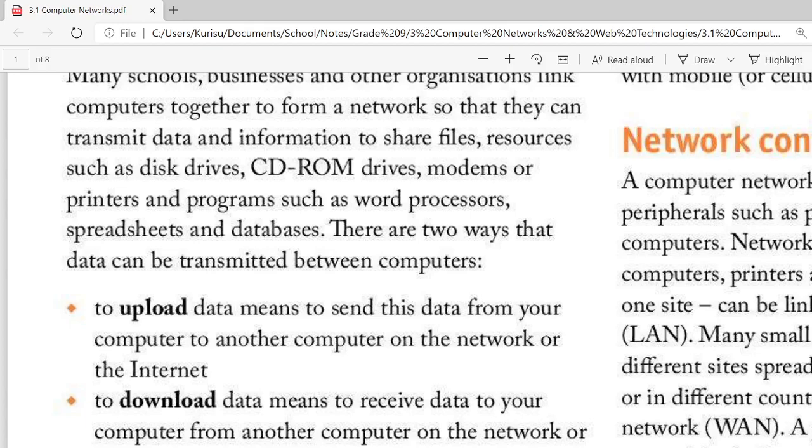That is referred to as uploading. So you are transmitting that to some other device. Now downloading is basically the opposite. You want a picture, you want a song, so you download or you receive that data from another device around the world to your device.